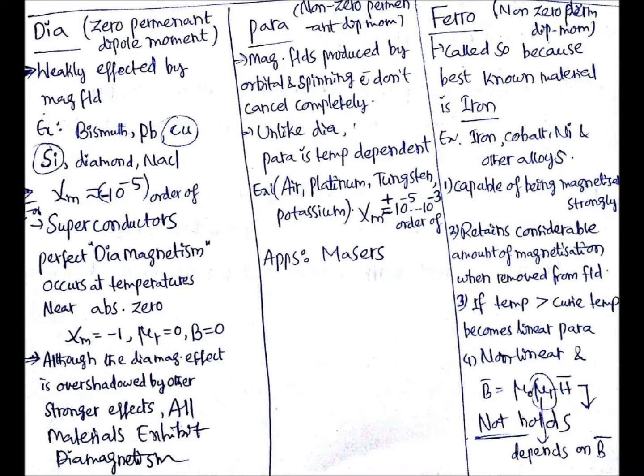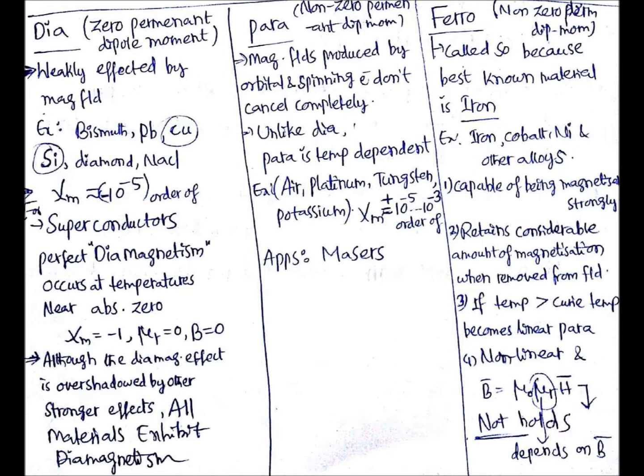Then for dia, superconductors exhibit perfect diamagnetism at a temperature near absolute zero, that means 0 Kelvin. Okay, and chi-m is -1, mu r is 0 and B is also 0.